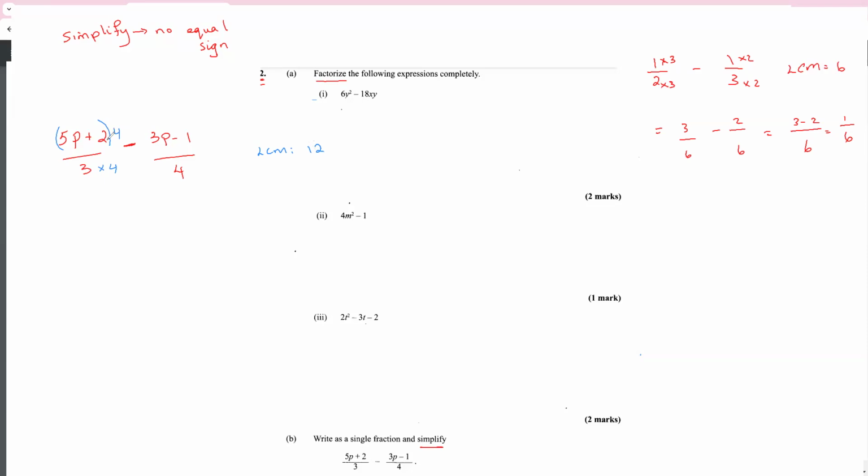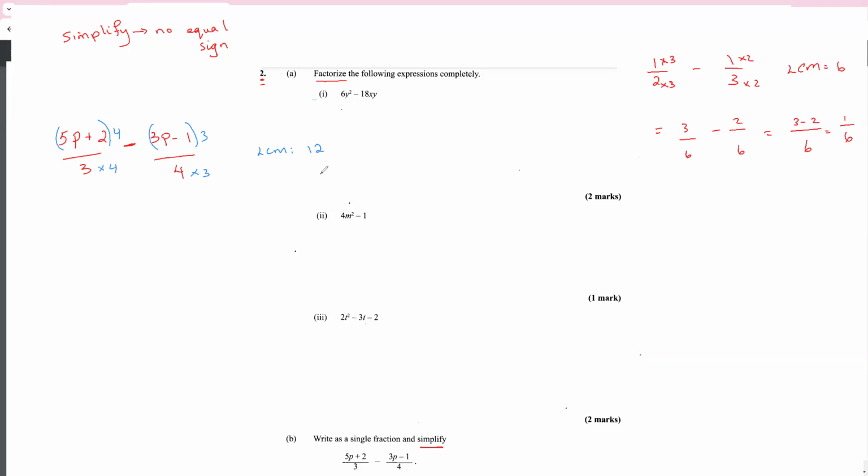But remember, the top is an expression. So everything in that expression must be multiplied by 4. Whatever I do to the bottom here to make it 12, I must do it to the top. So everything up here must be multiplied by 3 as well. So this becomes 4 times everything here.